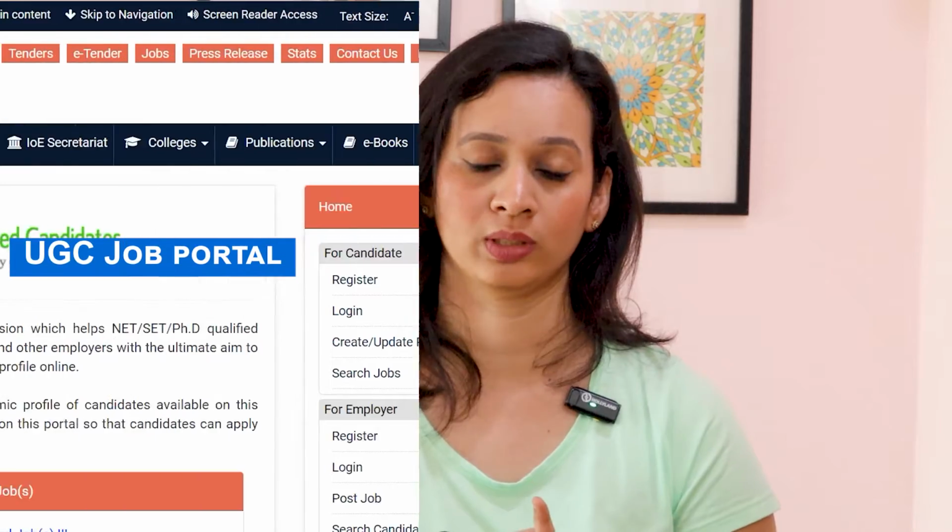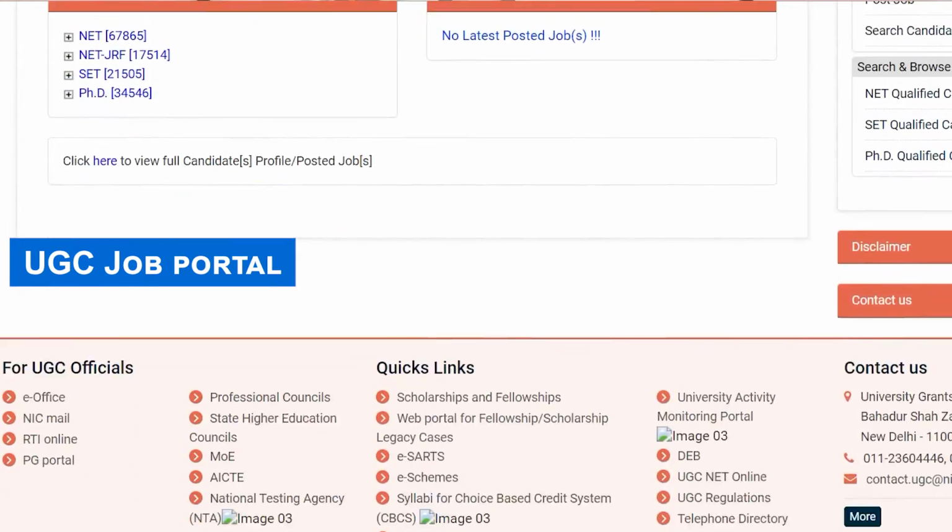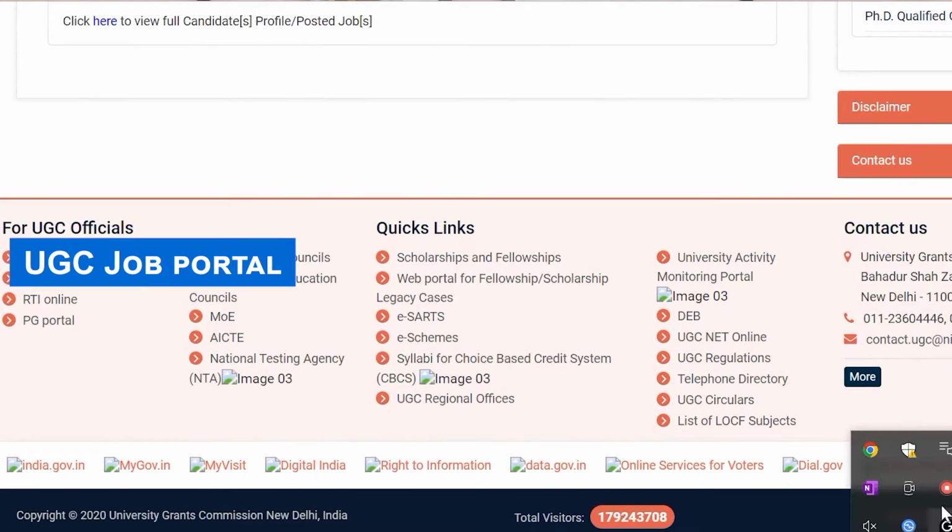Assistant professor is a job which is really professional, and it has its own status. So it is unlikely that you will get such ads on Instagram or Facebook, but you may definitely get some context through LinkedIn rather than other portals. Also, if you're not aware of it, UGC has its own job portal where the vacancies are advertised, and I highly recommend that you register over here.